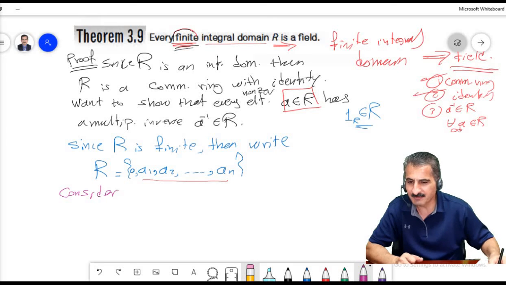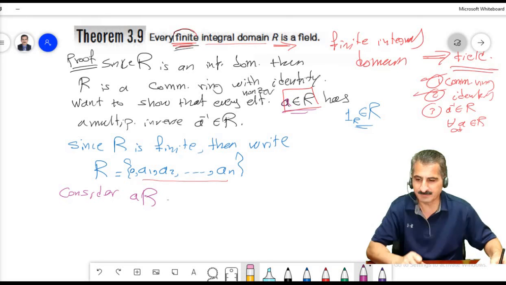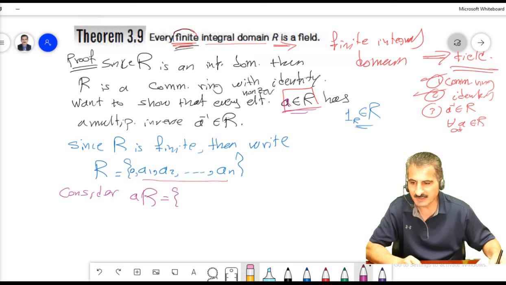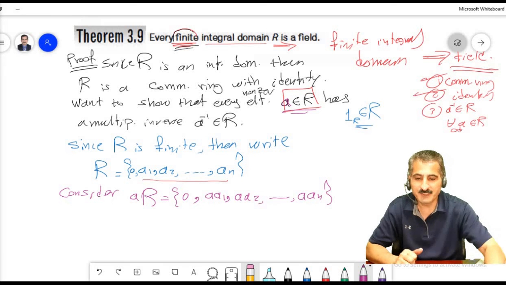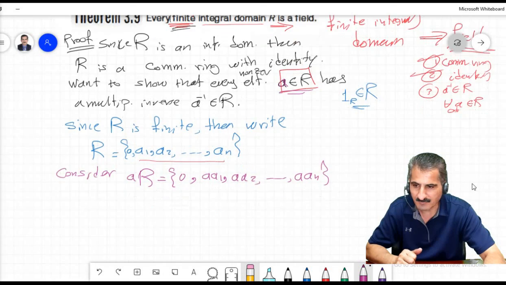I will multiply this element A with the whole ring. So what do I get? A times 0 is 0. Then I get A times A1, A times A2, and I keep going to A times AN. Good? Now, pay attention to what's going to happen.